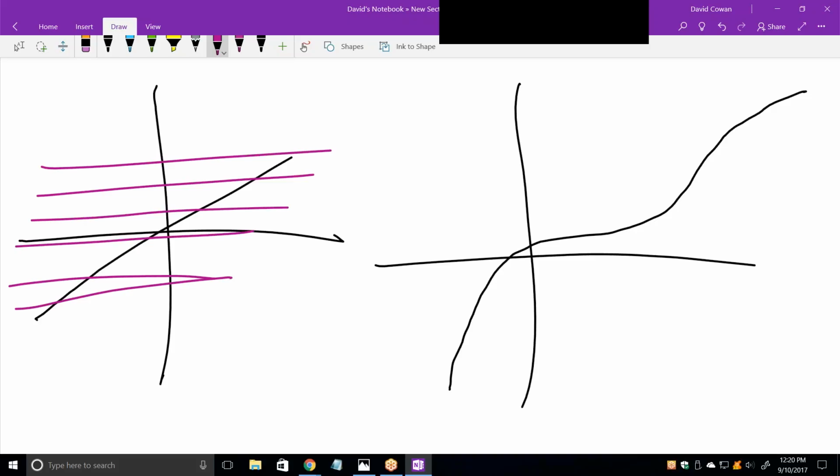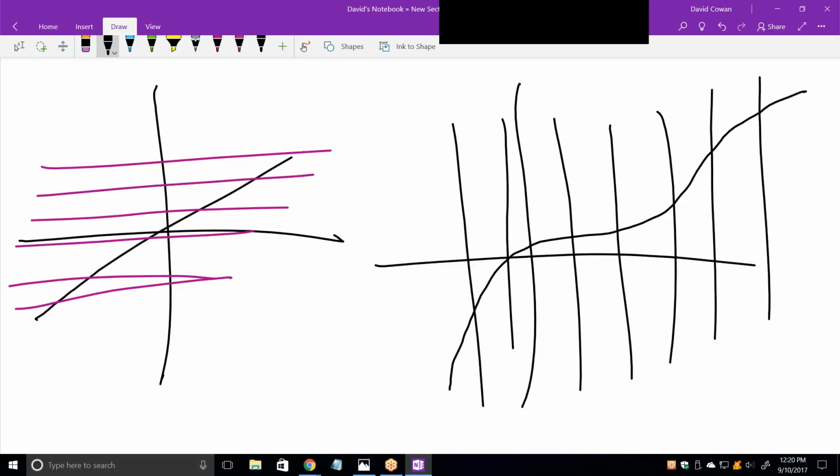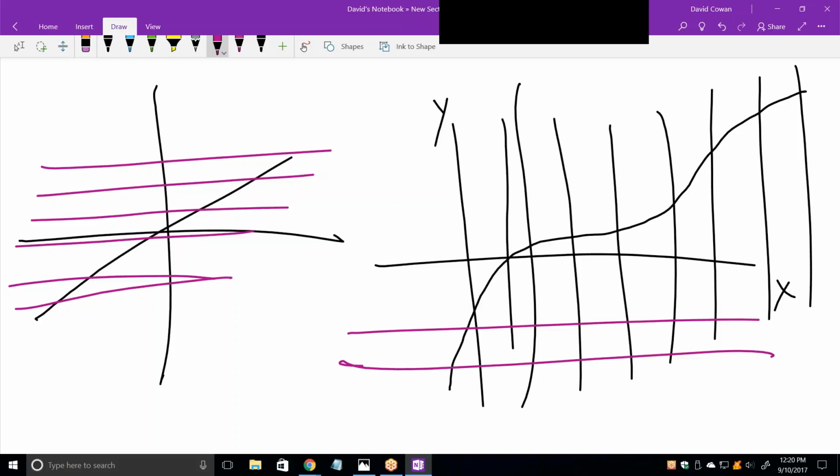Okay? Now, the one on the right is indeed a function. It passes the vertical line test. No matter where I pass a vertical line, I only get one value of y. Well, if we try to determine whether it's one-to-one, then I want to pass a horizontal line through there.